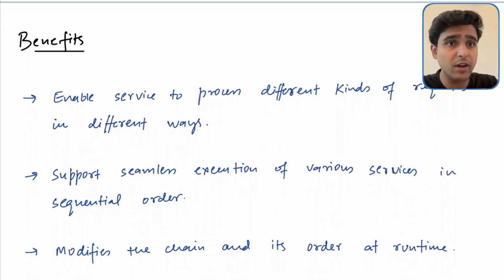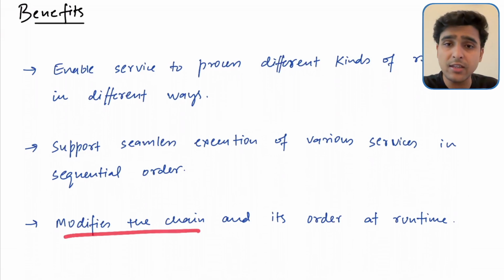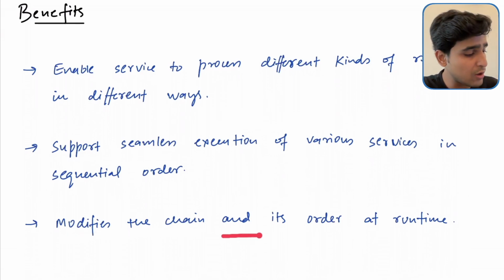Each handler is independent, but they are working together in a chain, right? And finally, as we just discussed, you can modify the chain and change the order of the handlers at runtime. So it provides a lot of flexibility there as well. So these are the benefits.